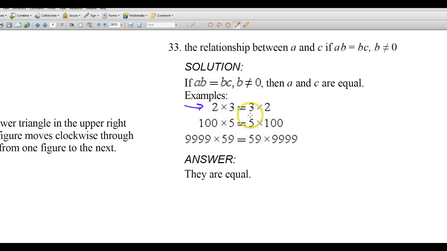In the next case, if B is equal to 5, A and C would both have to be 100. In the next case, if B is 59, then we'd have to have 9,999 for A and C. So the only way for this to be true is that A and C would have to be equal.